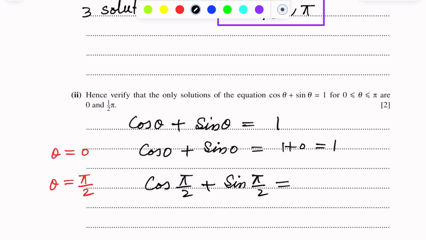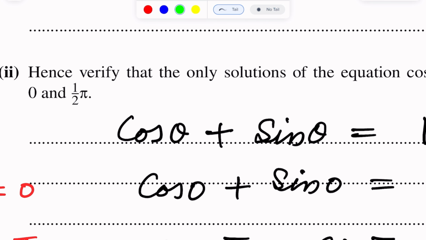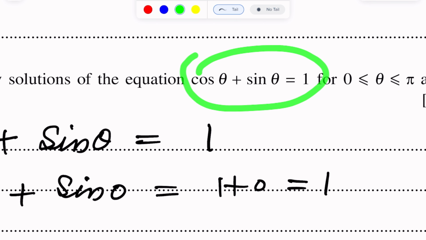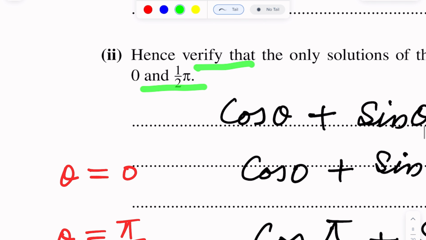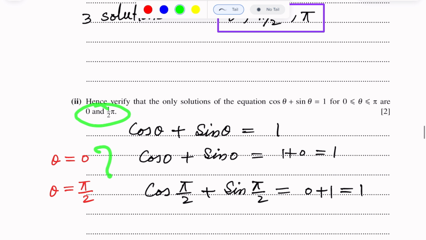So we get 0 plus 1, that is equal to 1. This shows that these two solutions, theta is equal to 0 and theta is equal to pi by 2, satisfy this equation, because the right hand side is 1 for both these angles. This is verified. Verified that the solutions of this equation in this interval are 0 and pi by 2.